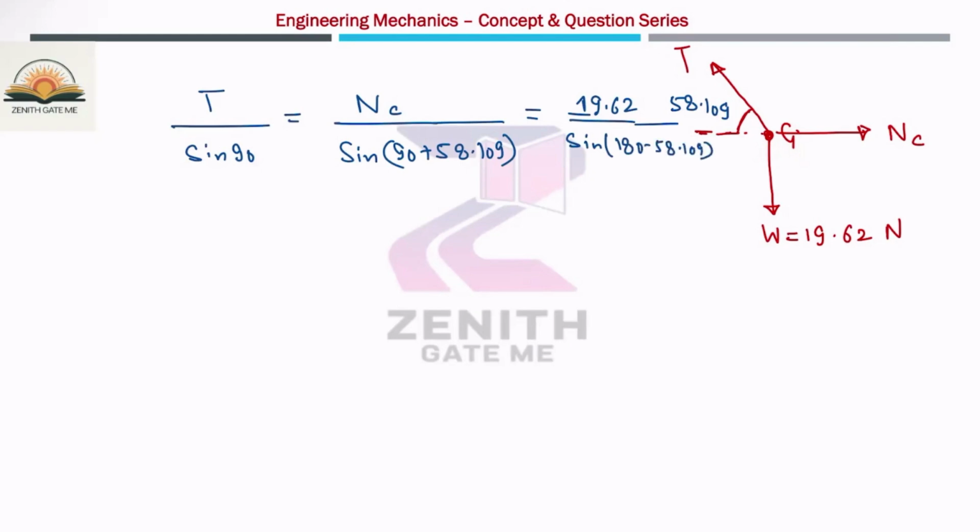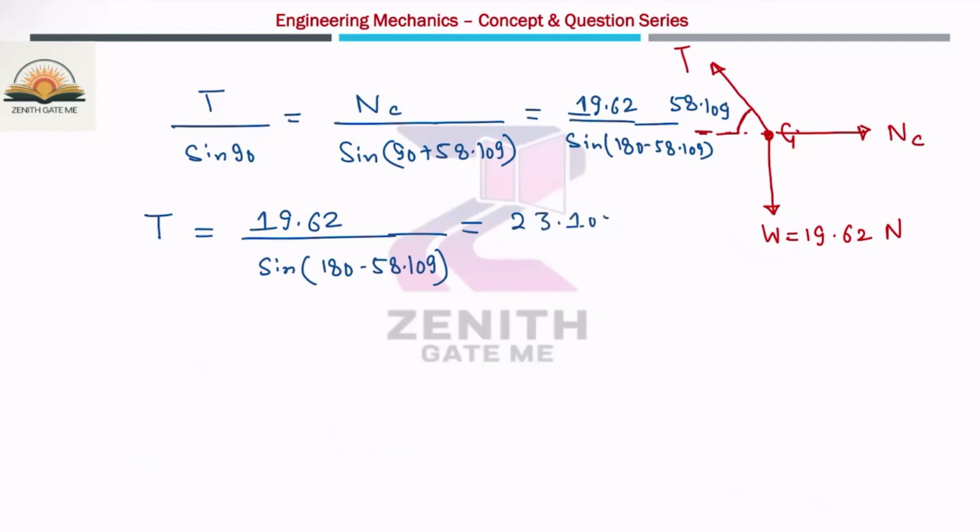From here you can calculate the tension as well as the normal reaction. So the tension is 19.62 divided by sine of 180 minus 58.109, which is equal to 23.108 Newton.